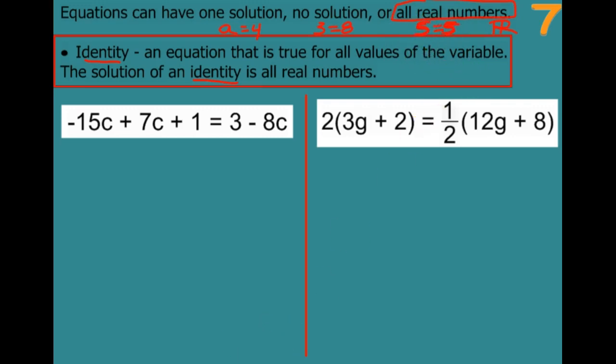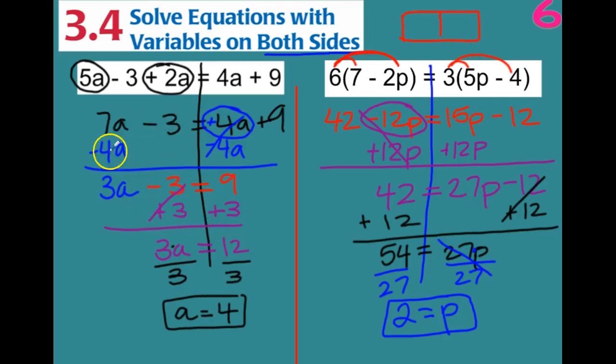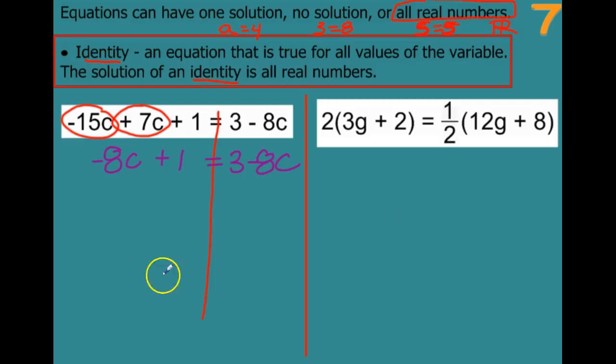Okay? So if we solve this one, I'm going to draw my line down, combine my like terms. Negative 15 plus 7, there's more negatives. There's 8 more negatives, so we have negative 8c plus 1 equals 3 minus 8c. Just like we did on the previous problem, we want to get all of our letters on the same side first.